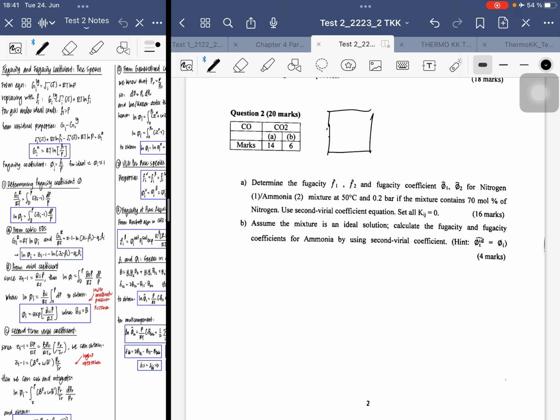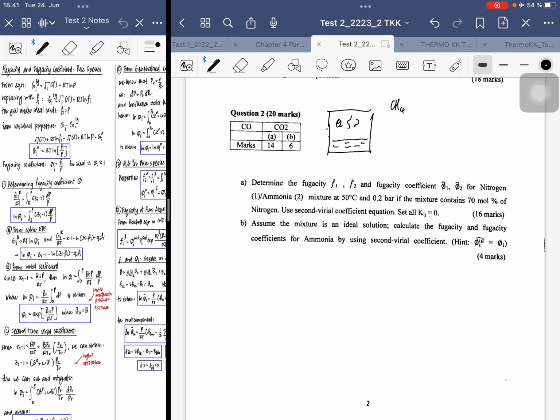you have two phases, right? Say you have vapor and also liquid. So fugacity really talks about how a species, say you have methane, tends to move towards the liquid phase or the vapor phase.